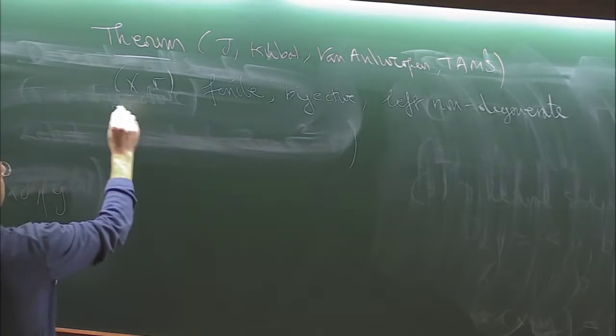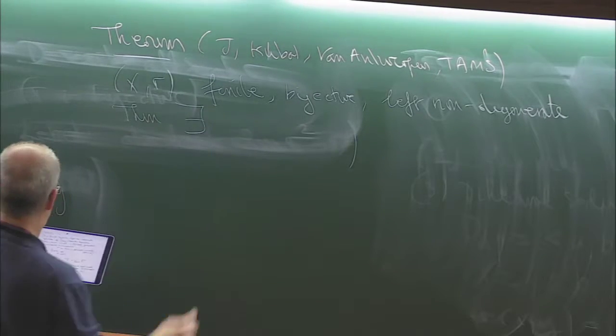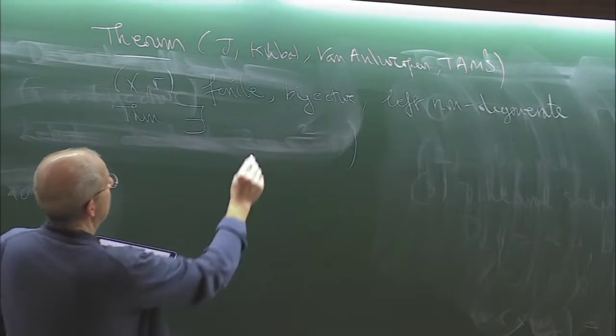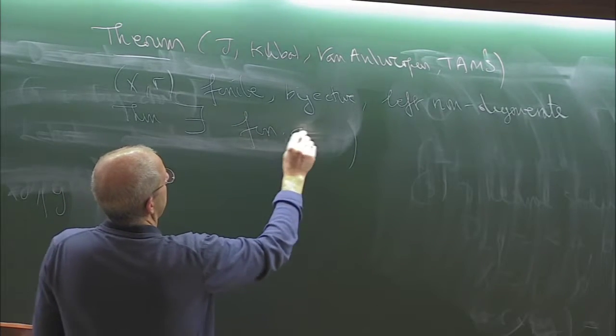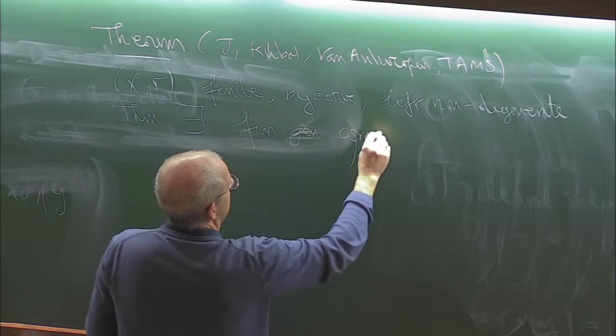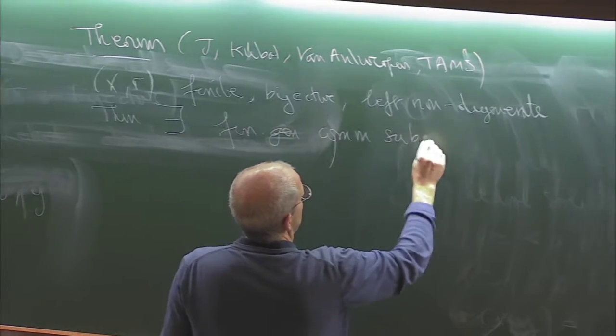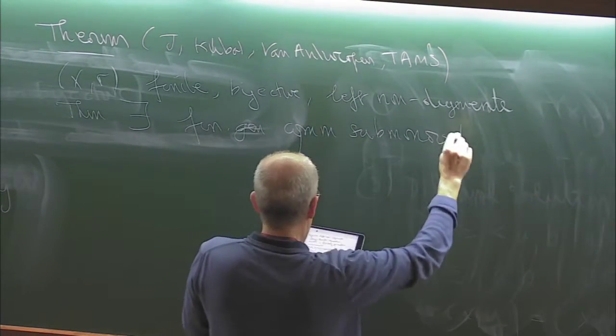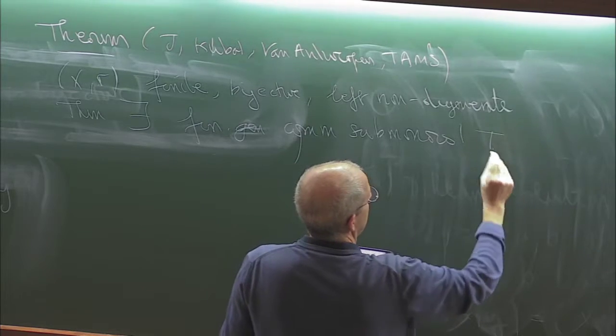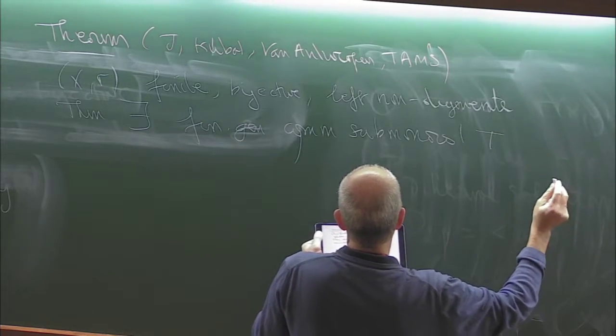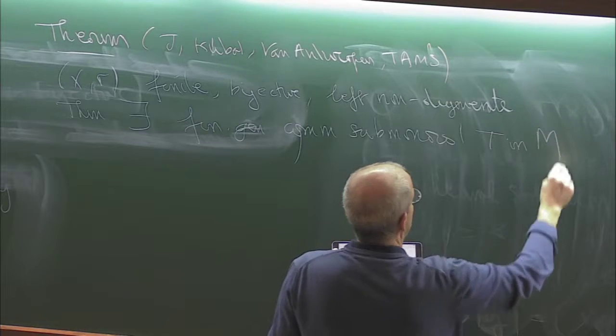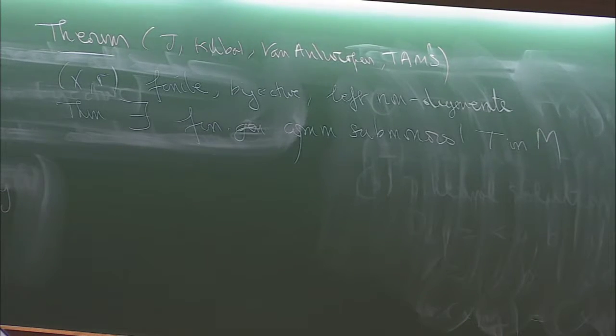Well, then there exists a finitely generated commutative submonoid, I've called it here T, of M. We know more about that than this.